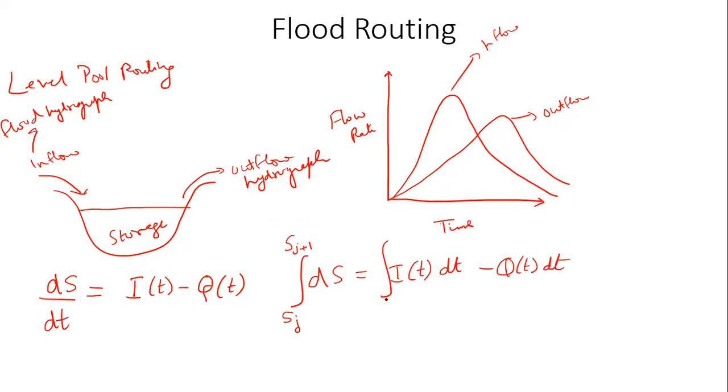So then this will be I of j, I of j plus 1, q of j, q of j plus 1, right?